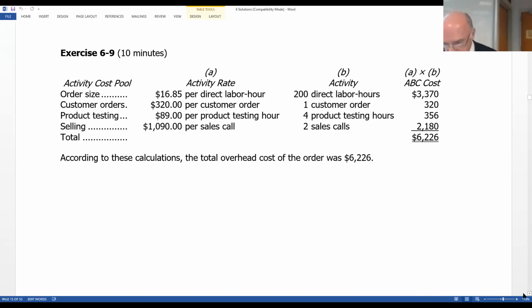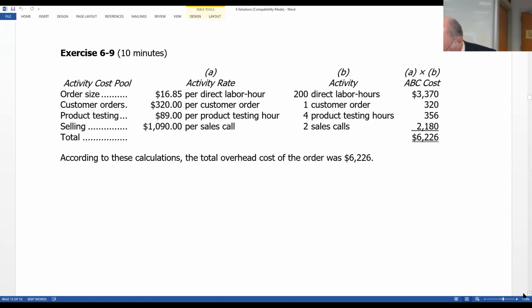Number 9. Another second stage allocation. Durban Metal Products Limited of the Republic of South Africa makes specialty metal parts used in applications ranging from the cutting edges of bulldozer blades to replacement parts for Land Rovers.